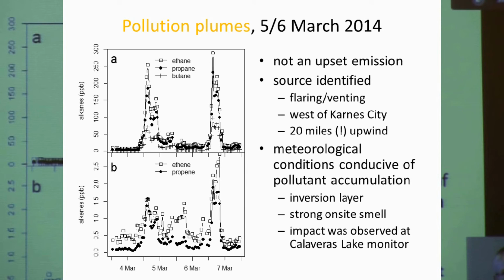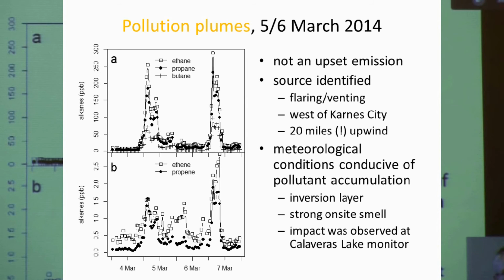The other important factor that was driving the size of these plumes, in other words, the concentration here, was that this period was relatively cold and relatively clear sky. So we had likely a strong inversion layer that kept emitted hydrocarbons relatively close to the ground.